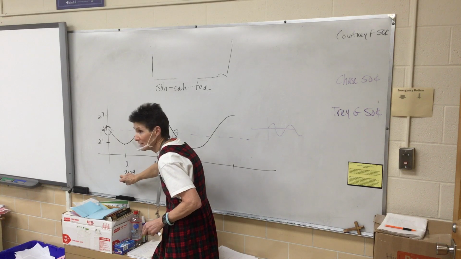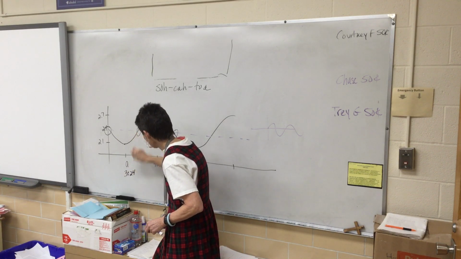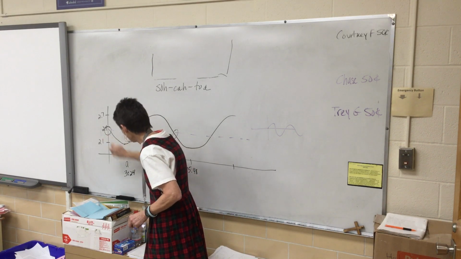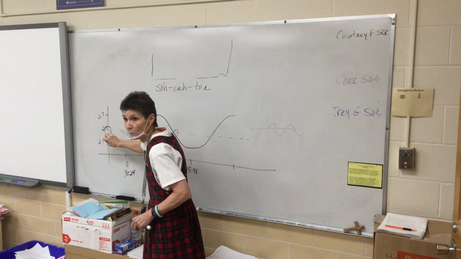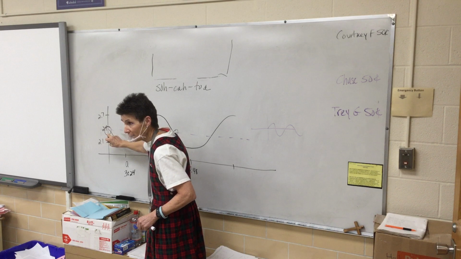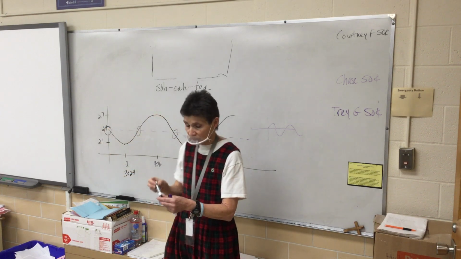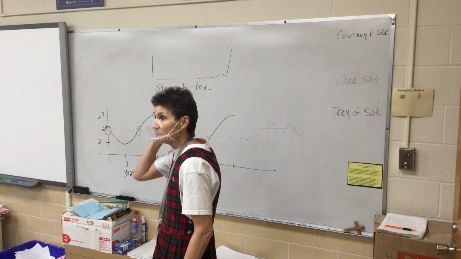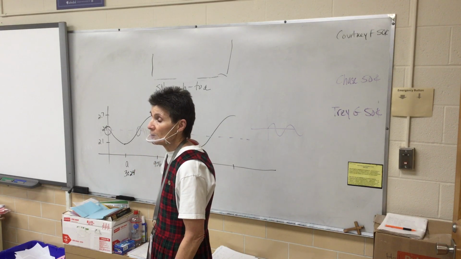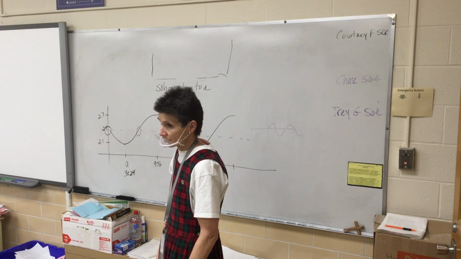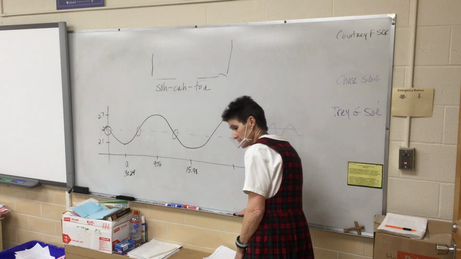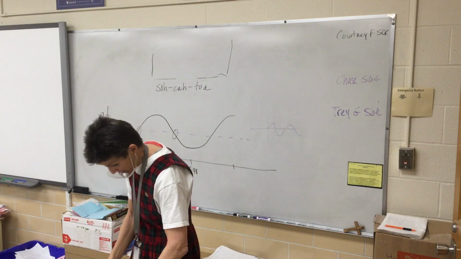Remember, this is like 3 o'clock, and this is like 6 o'clock. So doesn't it make sense that this would be like 3 hours before 3 o'clock? So what would you say? What was the first time? Around midnight. It was about 2.4, and you're approximating. All right, so that takes care of that. That wasn't so bad.